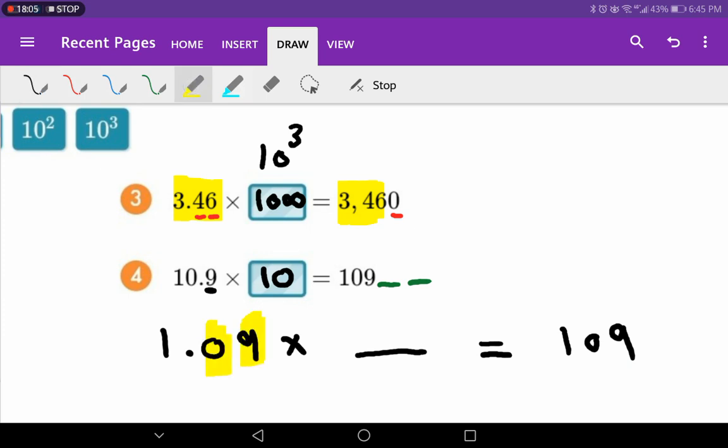Two moves we have here, actually, so we multiply by 100. You see the difference? Teacher, if I have 0 here, what is the answer? If I have 0 here, that means he moved two moves from here and one move for the 0, so three moves, that means three zeros, which is 1,000. And 1,000 we can write as 10 with power 3.